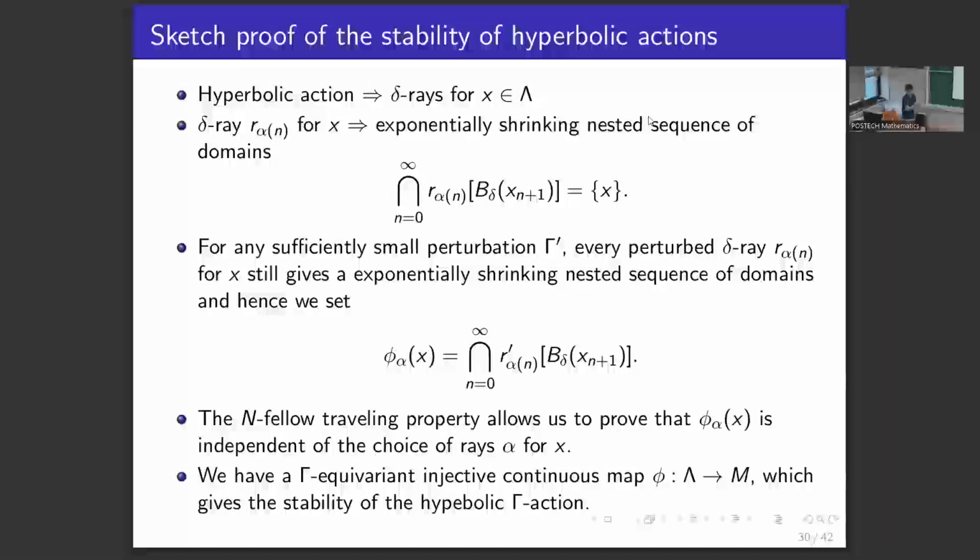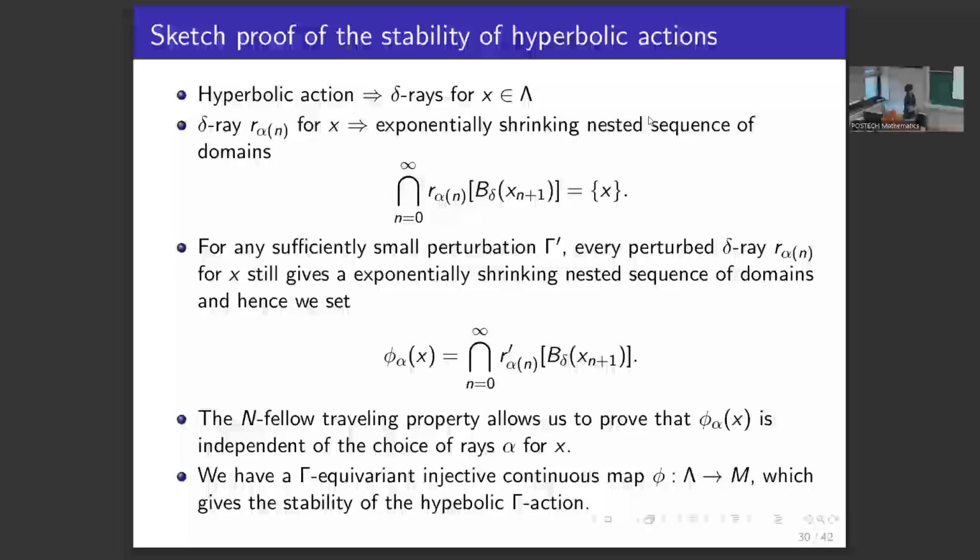Because the perturbed gamma action is still expanding. So then you also have an exponentially shrinking nested sequence of domains by using this data. Okay? Then this gives us some point, because this is an exponentially shrinking nested sequence of domains. So their intersection gives us just a point.